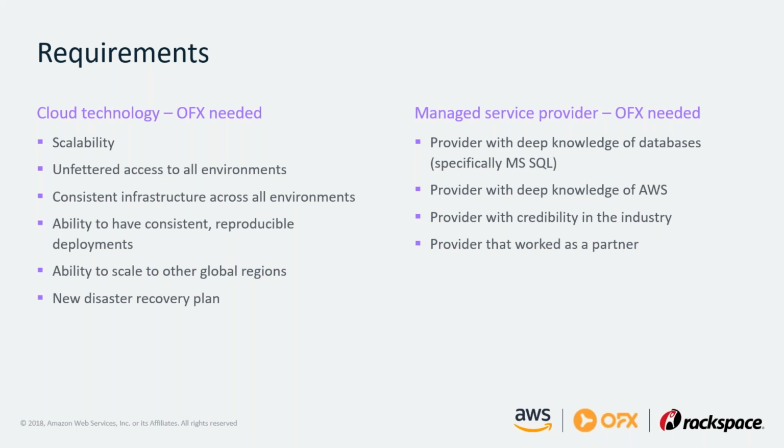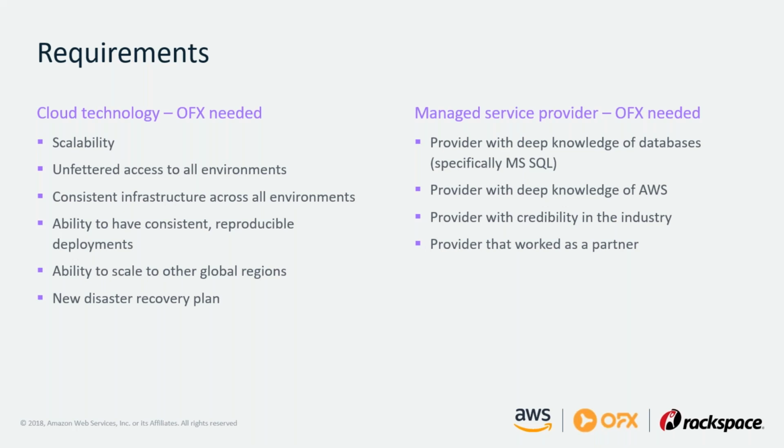We also need the ability to scale to other global regions. One of the things they were doing is everything was there in Australia. They weren't able to scale beyond that, so they needed a provider, a cloud technology that had global presence. And finally, they needed a new disaster recovery plan, and they needed that to be provided with cloud technology.